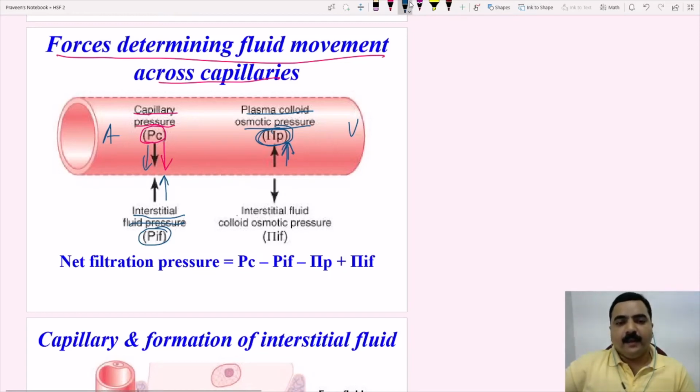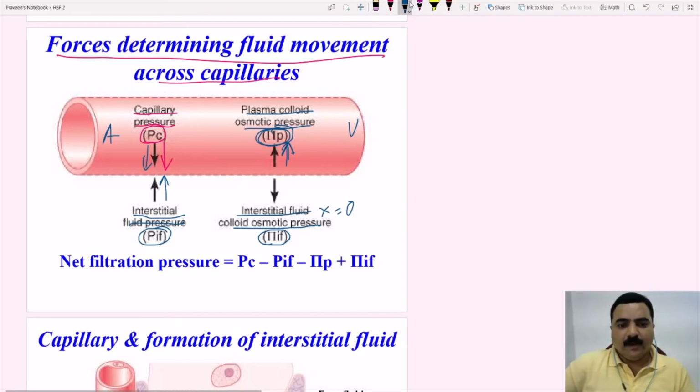And there is the interstitial fluid colloid osmotic pressure, that is, the proteins here. This is normally very low, because you don't have much protein in the interstitium, so normally this value is equal to 0. But in a pathological scenario, where there are infections or inflammation, proteins such as antigen-antibody complexes can accumulate here, attract the fluid, and cause fluid accumulation and edema.